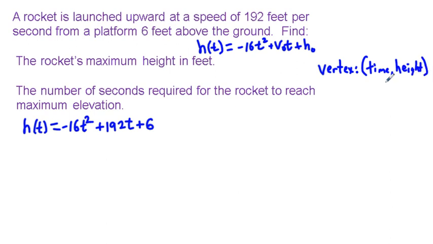That will be what our vertex looks like. So some of these answers will make sense. The height will be the first one. So let's find that vertex. We can complete the square as we've done in the past.